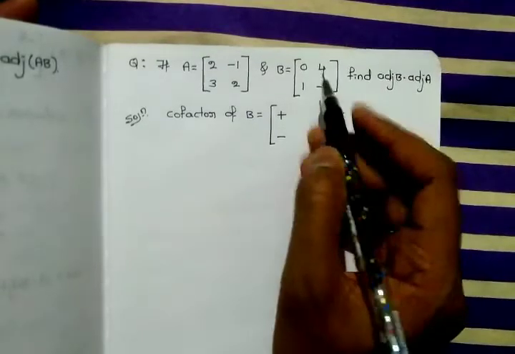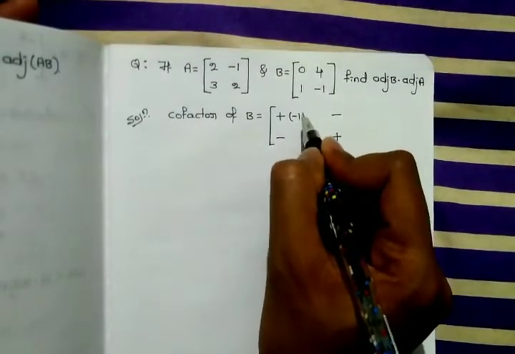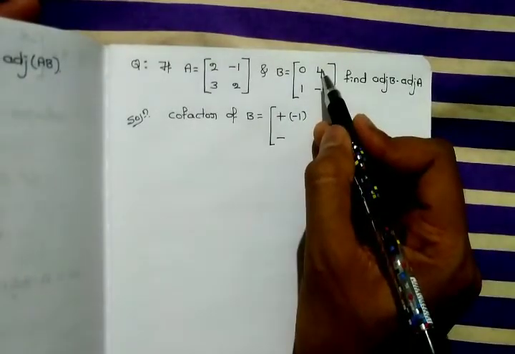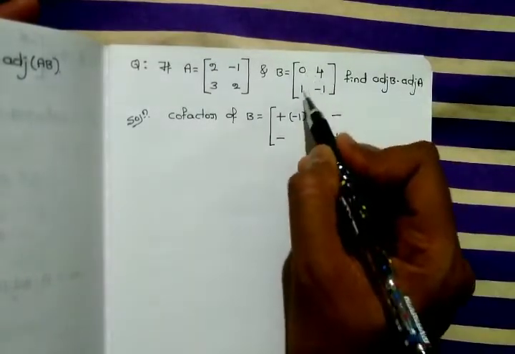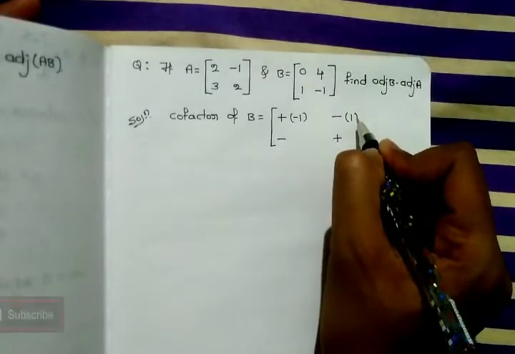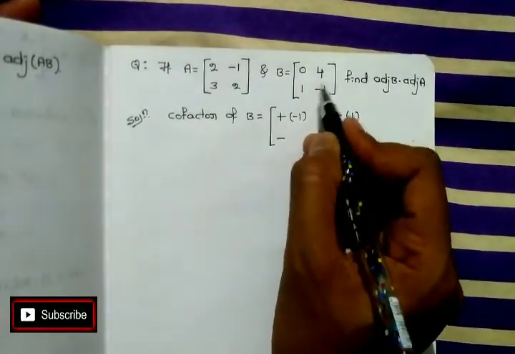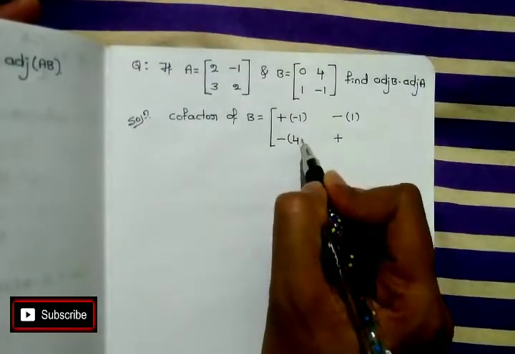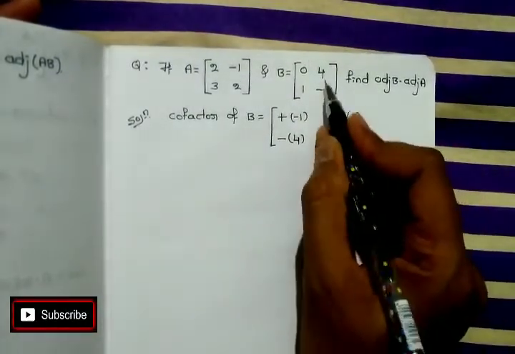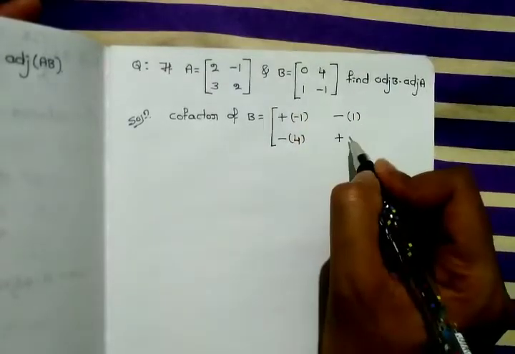Remaining element is -1. So note down here -1. 4 is the second element. Delete that column and row. Remaining element is 1. Third element is 1. Delete that column and row. Remaining element is 4. Fourth element is -1. Delete that column and row. Remaining element is 0.